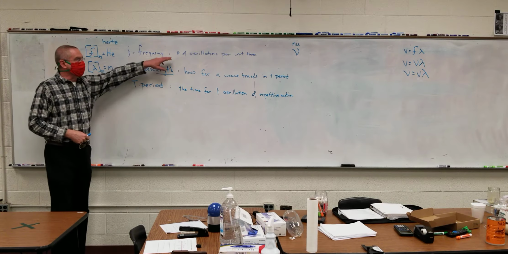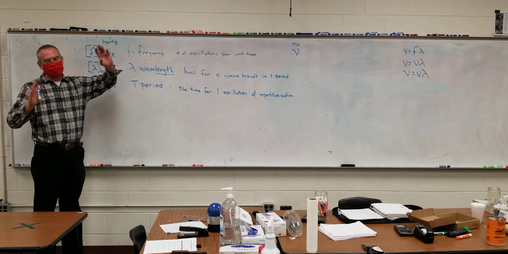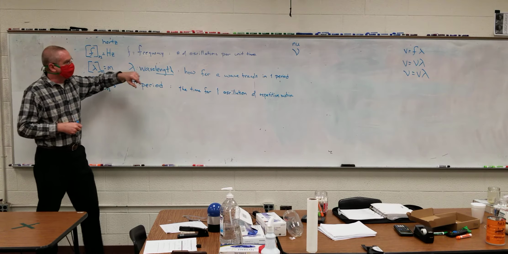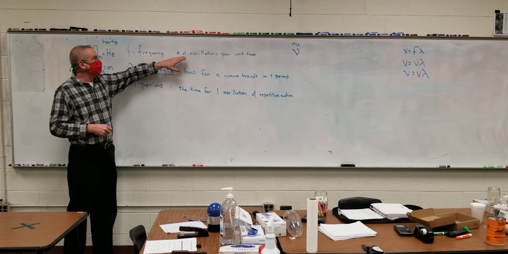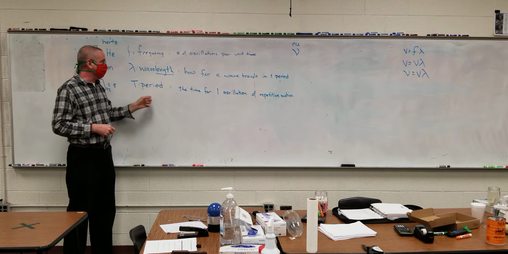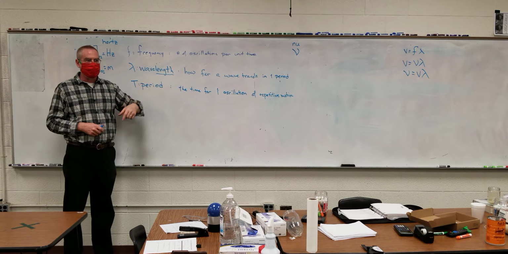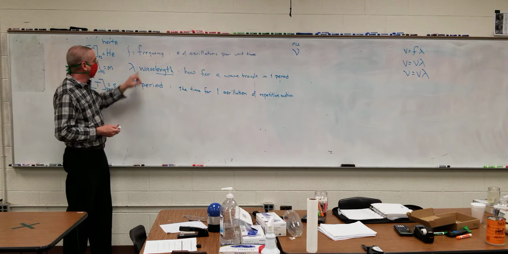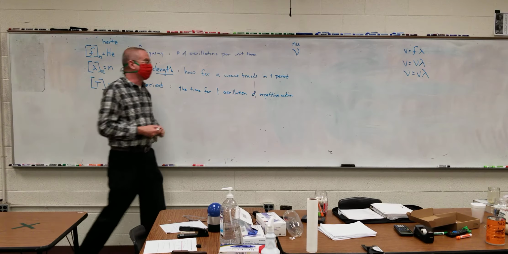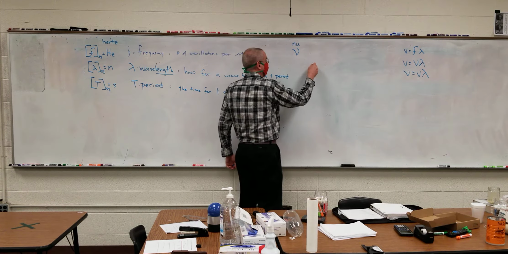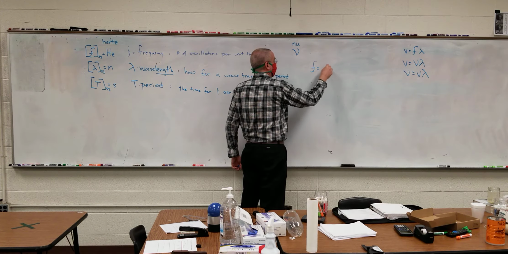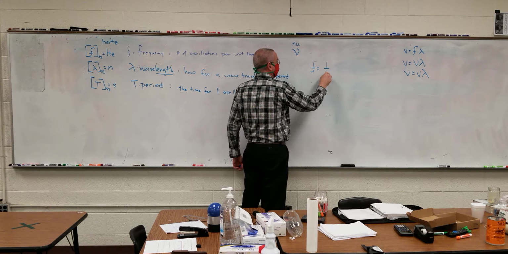So frequency is the number of, if we're talking about waves, let's be specific on waves here. Frequency is the number of waves per unit time, and period is the amount of time per wave. So frequency and period have a very firm direct relationship there. The fact that frequency is equal to 1 over the period.